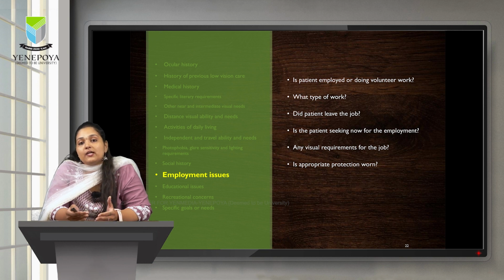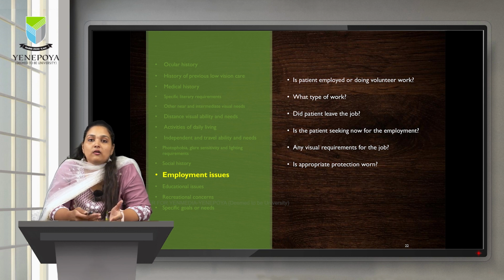And depending on the type of job they are in, we should also give them appropriate protection. That comes under occupational protection glasses. For example, people who work a lot of time with computers are suggested to use blue cut lenses or pink tinted glasses, so that it can give some soothing effect to their eyes and the eye strain can be reduced.